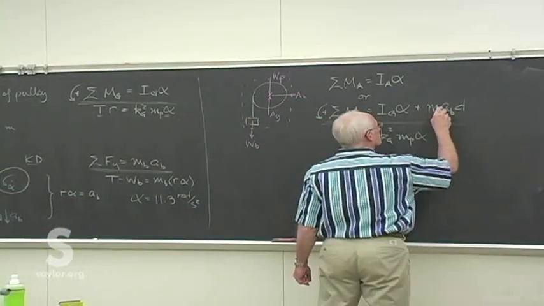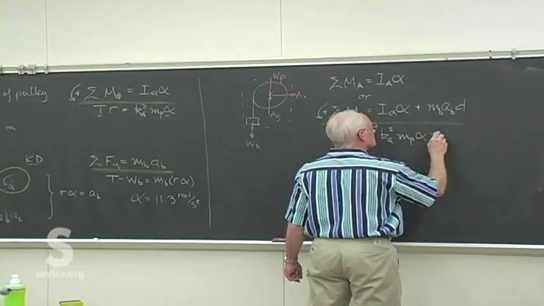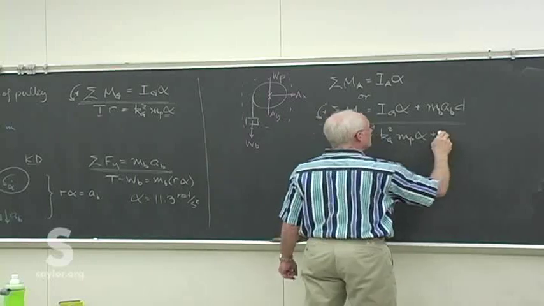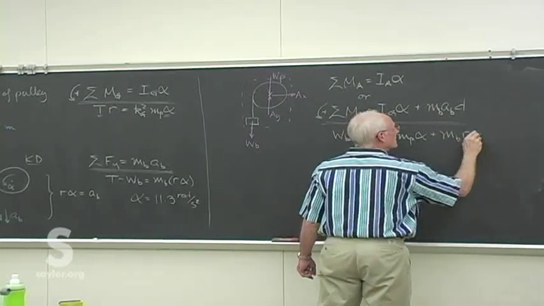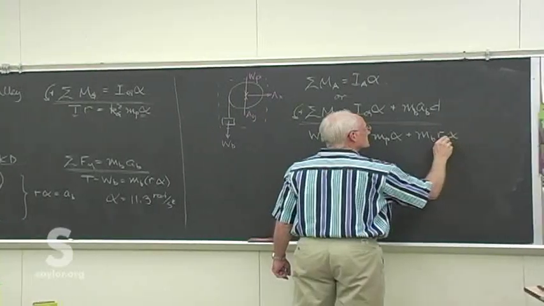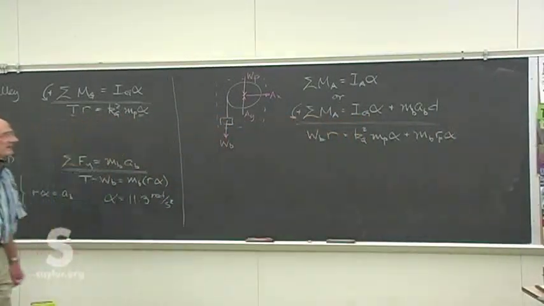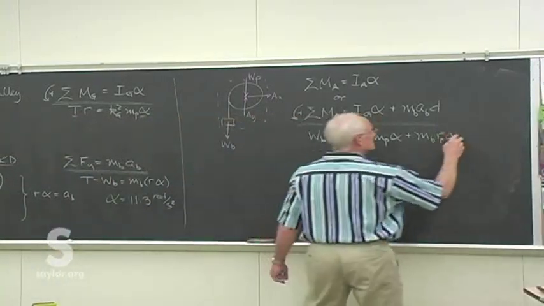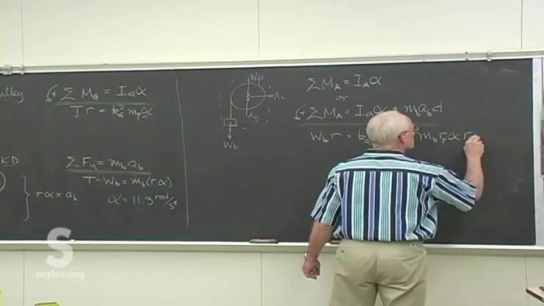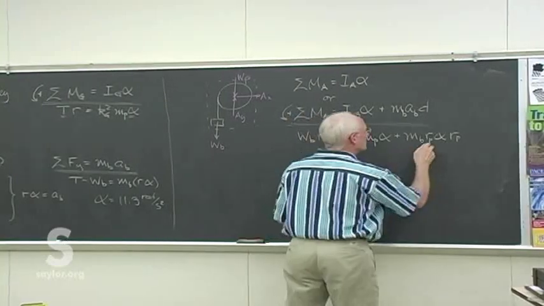And this is, by the way, the block, and it's the point of it being off center. So that's m_B r alpha, where r is the radius of the pulley. That again is our no slip condition. And then d is the radius of the pulley yet again.